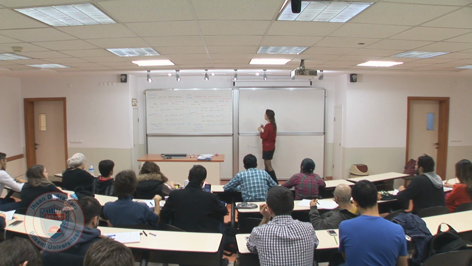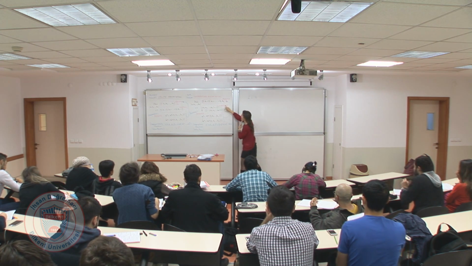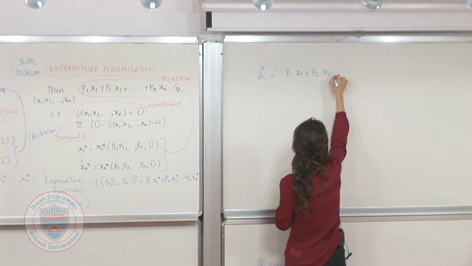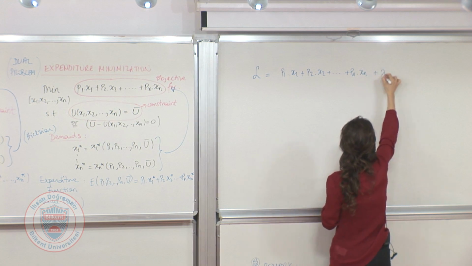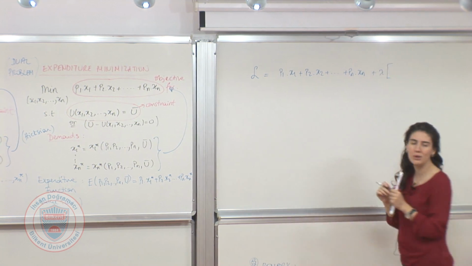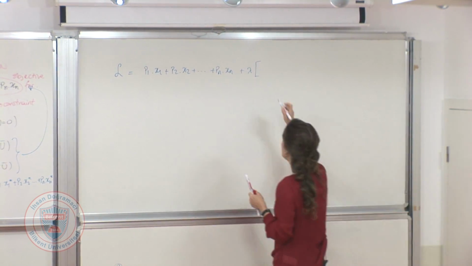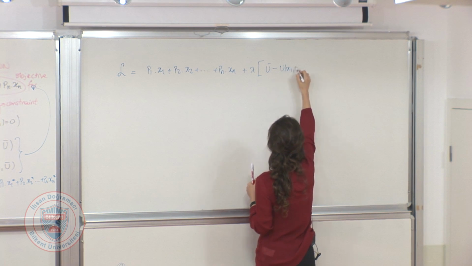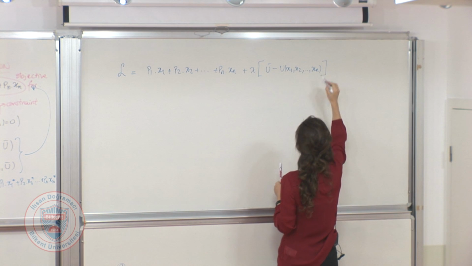My Lagrangian will be: I write down my objective function, p1 x1 plus p2 x2 plus pn xn, plus lambda. What is my constraint? It's U bar minus u of x1, x2, xn, right?